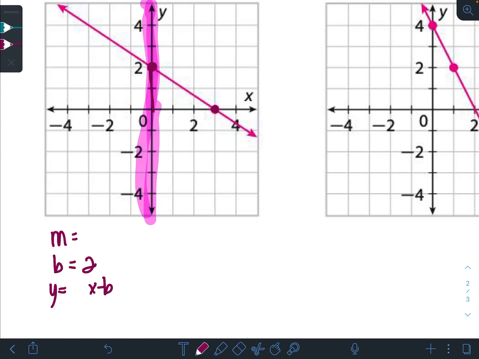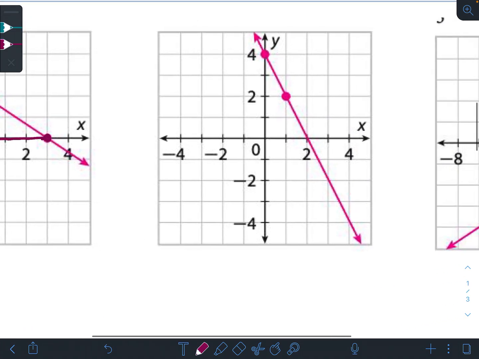So I'm going to go down 1, 2. And going down represents a negative number. Then I'm going to go to the right 1, 2, 3. So when I go to write my equation, I'm going to have y is equal to negative 2/3 x plus 2.